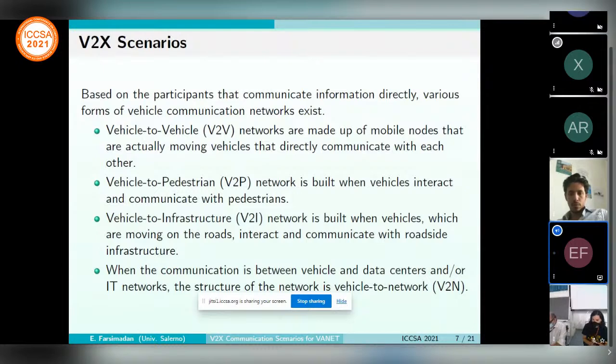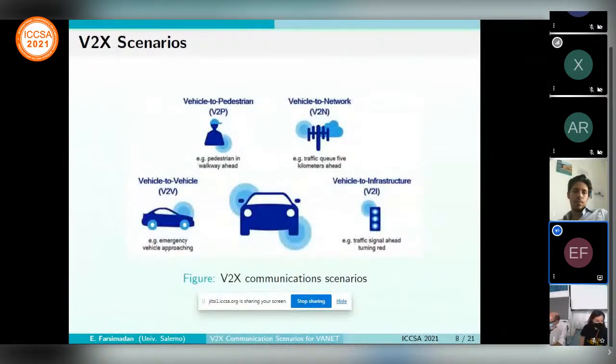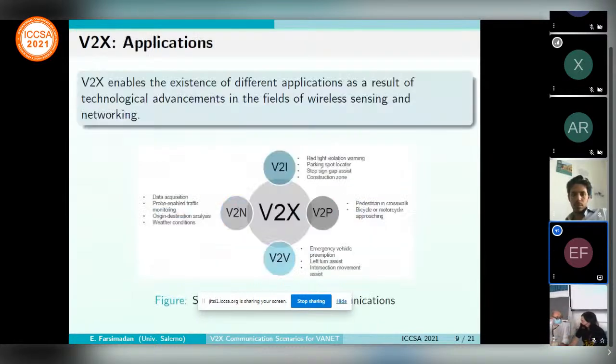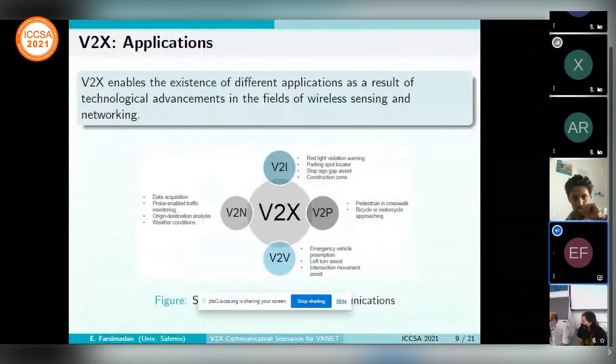This is vehicle-to-network, or V2N in short. We can see these four categories here in this picture: V2V, V2P, V2N, and V2I, the main categories of V2X communication scenarios.